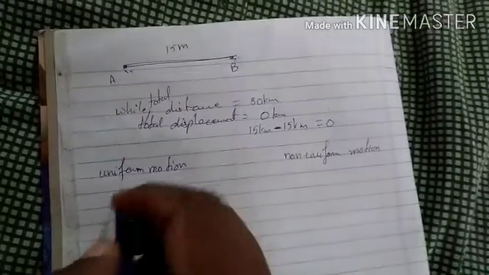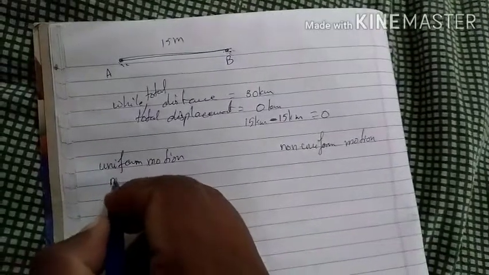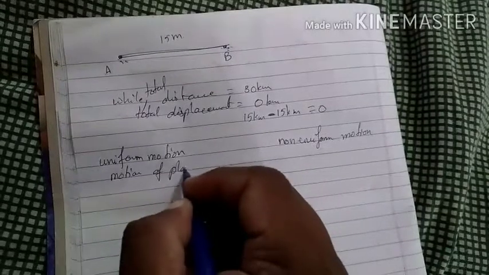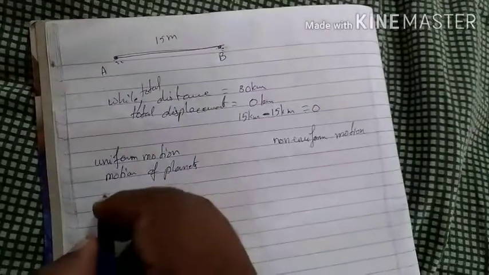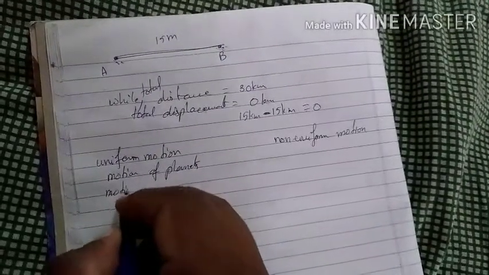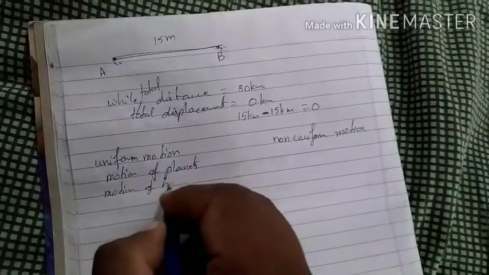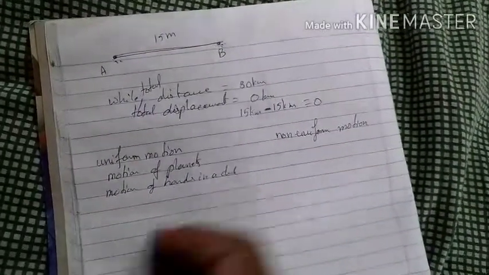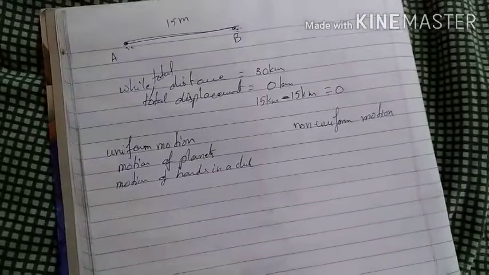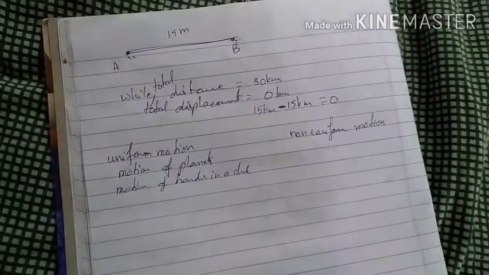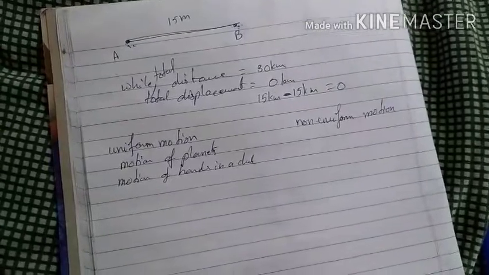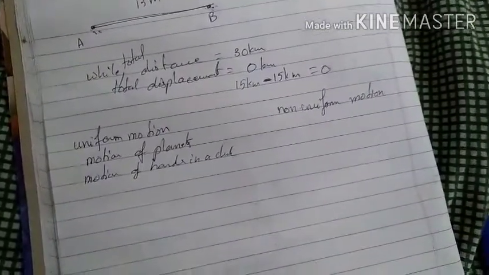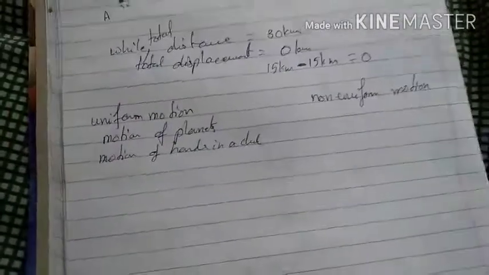For example, the motion of planets, the motion of hands in a clock, these are all uniform motion.